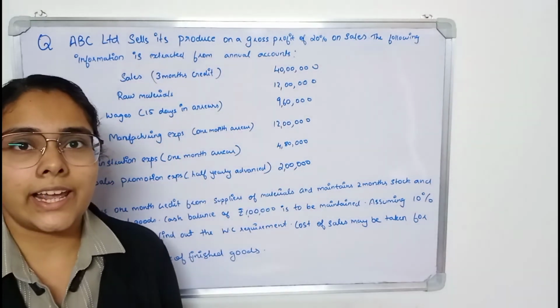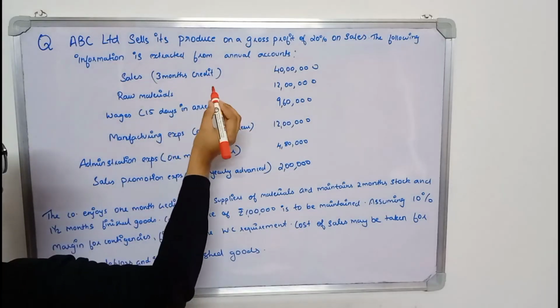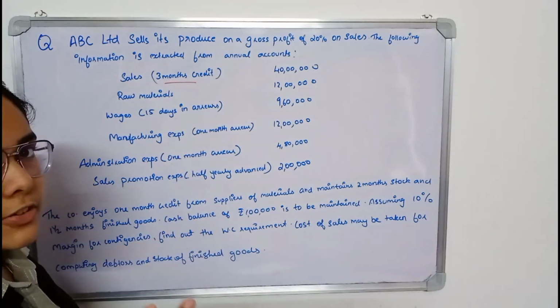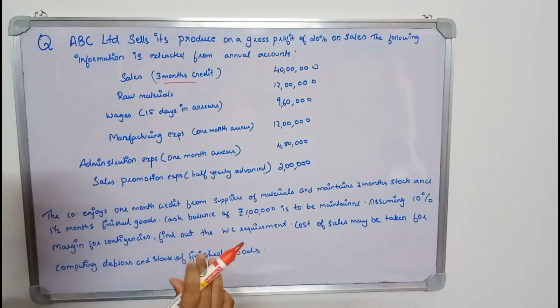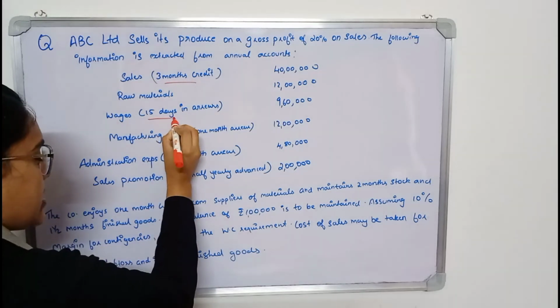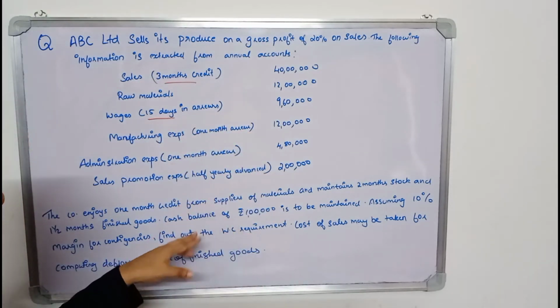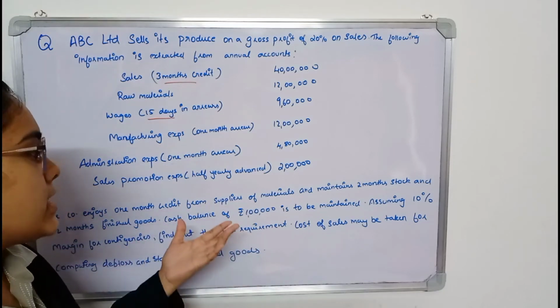Now let us critically analyze the question. Here you can see that sales have a credit period of 3 months, that is debtors, credit allowed to debtors. Then you have raw materials and wages, and wages are given in days, 15 days, and further no information is given regarding the calculation of weeks or days or whatever the period of the operating cycle.